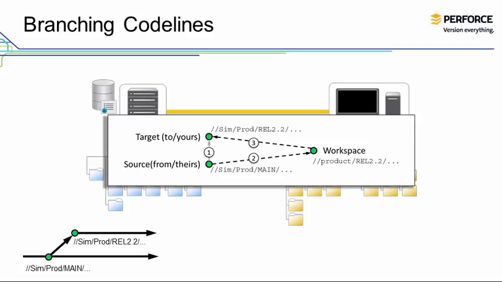The integrate request also creates the directory structure in the client workspace and optionally populates the client with the associated files, forming the second leg in the triangle. Finally, when you submit, the new branch is persisted to the depot, completing the triangle with leg number 3. Note here that when branching code lines, the target files are the yours files.